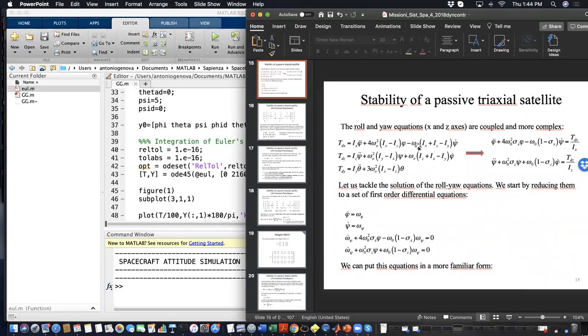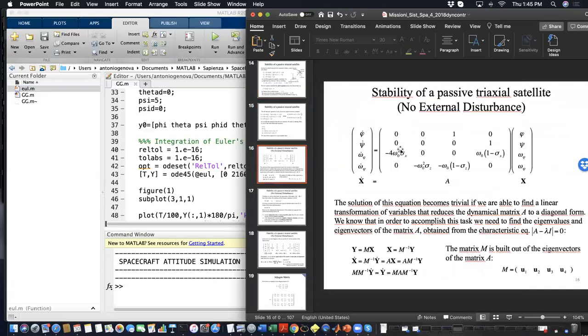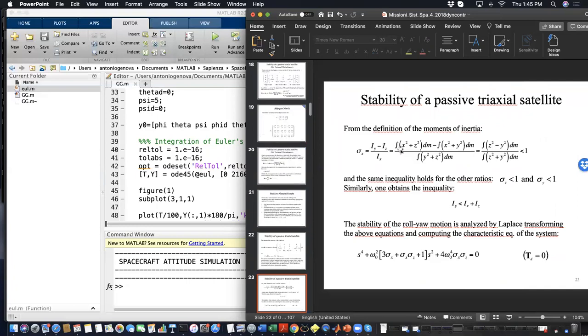The reason why we linearize the system here is that if your body frame is close to the orbital reference frame, it is moving following the orbital reference frame. So the gravity gradient terms are expressed directly by the omega 0 terms. So all the terms with omega 0 are the terms that are associated with the gravity gradient. The gravity gradient is here, and that's the reason why we are studying the stability of the system.